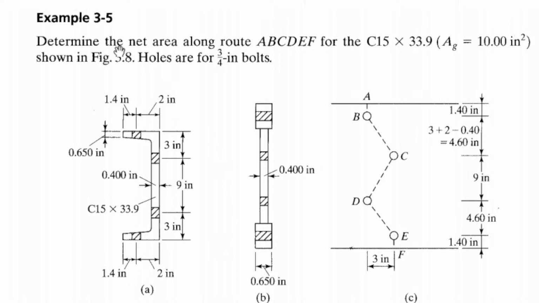We are being asked in this problem to find the net area along the route A, B, C, D, E, F. We are just being asked what is the net area along that path. We are not being asked what is the net area of this cross section.